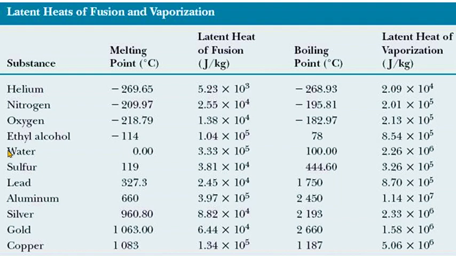In particular, I want you to memorize the values for water. Memorize this because I will not allow any copy or index cards with the values written for latent heat of fusion and vaporization on those papers. Sulfur, lead, aluminum, silver, gold, and copper. You can pause this video to take note of the following values.